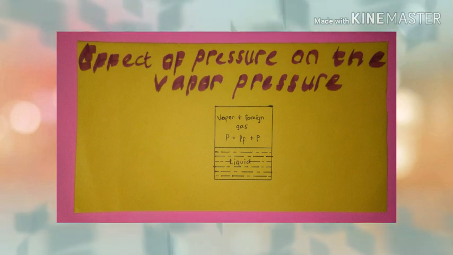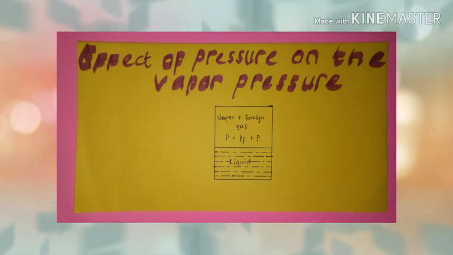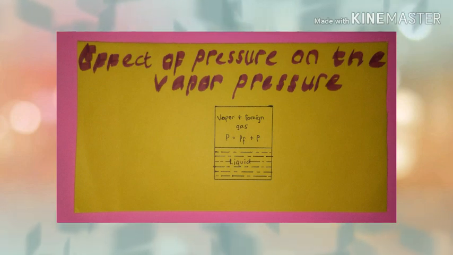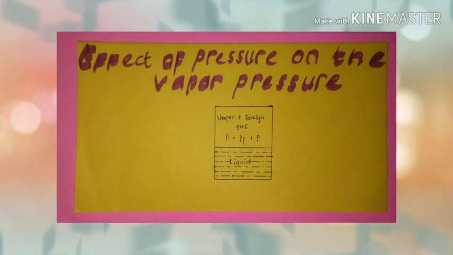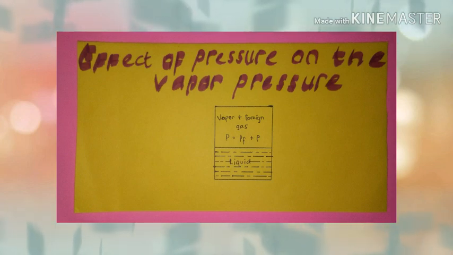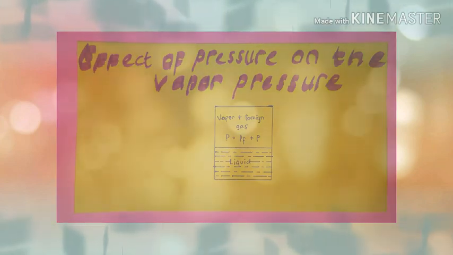In the space above the liquid, the vapor is contained together with a foreign gas that isn't soluble in the liquid. The vapor pressure plus the pressure of the foreign gas is P, the total pressure exerted on the liquid.